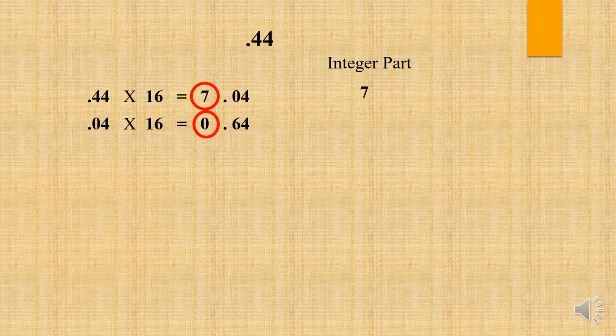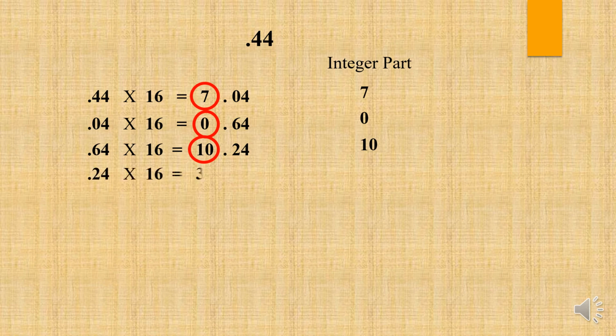Here 0 is the integer part which we note down separately, and then our fractional part 0.64 will be multiplied by 16 in the next step, and the result is 10.24. The process will continue till the fractional part becomes 0.